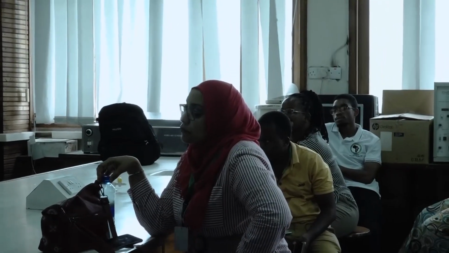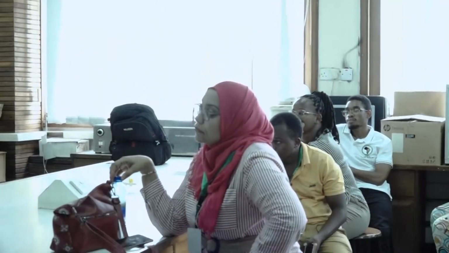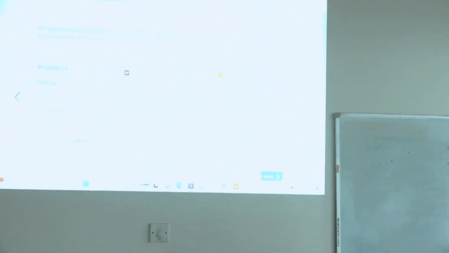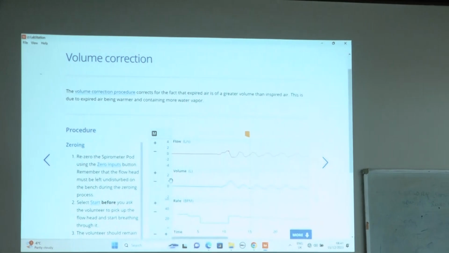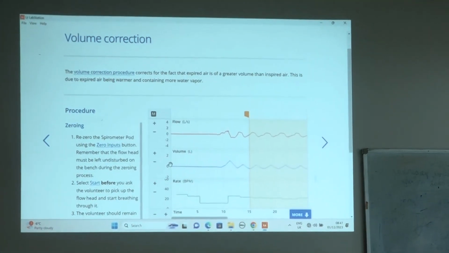Yeah. So from where can I get the flow rate if we want to measure the tidal volume? If you want to check tidal volume, this is 0 and this is 2 liters. Somewhere in between would be 1 liter, and if you come less, it should be 500 mils.